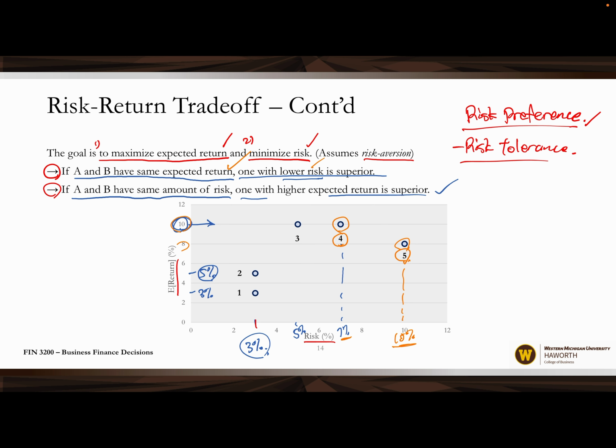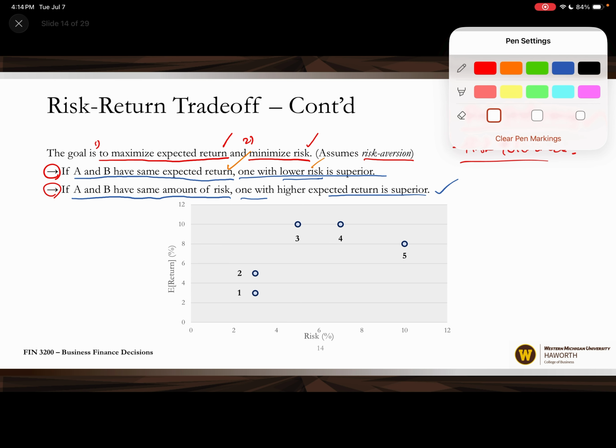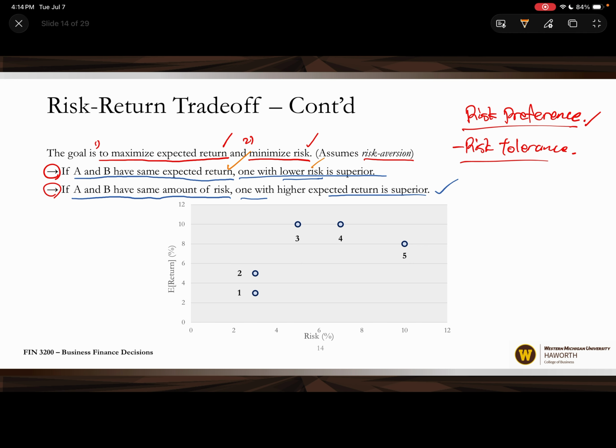Yeah. So another way to look at this is, we're not going to cover this, well, I'm going to mention it, but you don't need to know this for the exam. We can try to come up with a measure. There's a measure called the Sharpe ratio in finance. Okay.